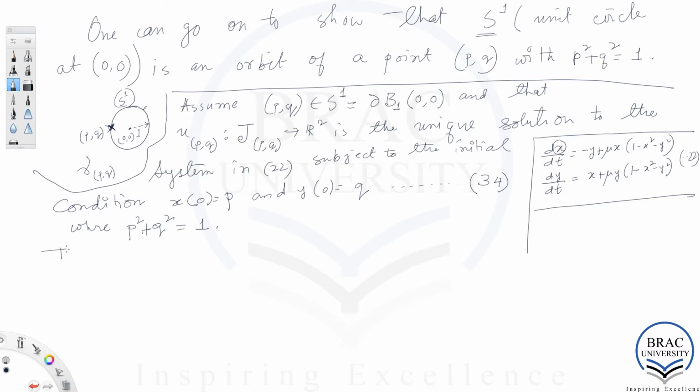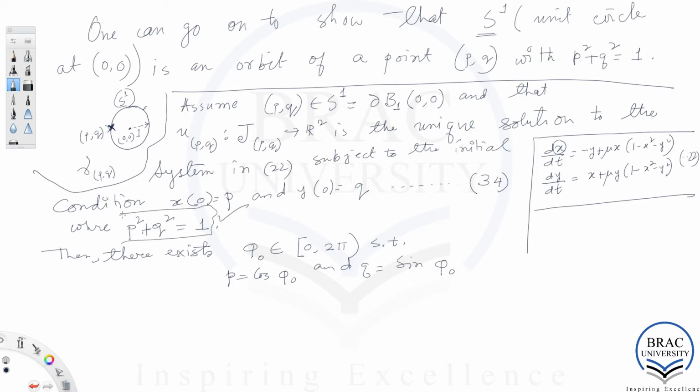So then there exists this angle phi 0 in this half open interval [0, 2 pi), such that p is equal to cosine phi 0 and q is equal to sine phi 0. Why? In that case, p square plus q square will be equal to 1, and this equation will be fulfilled. Right?